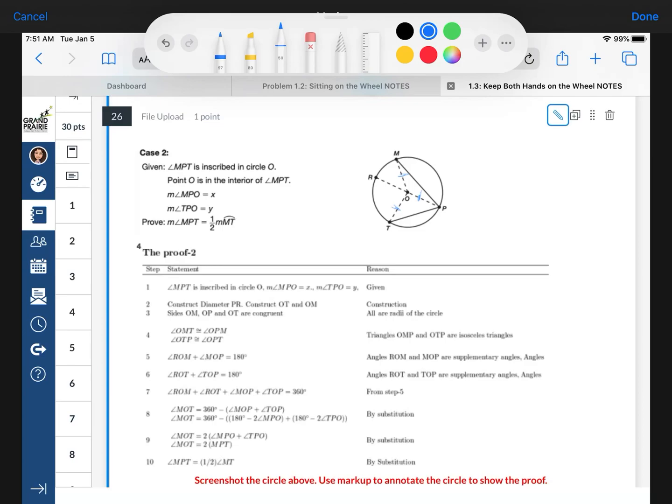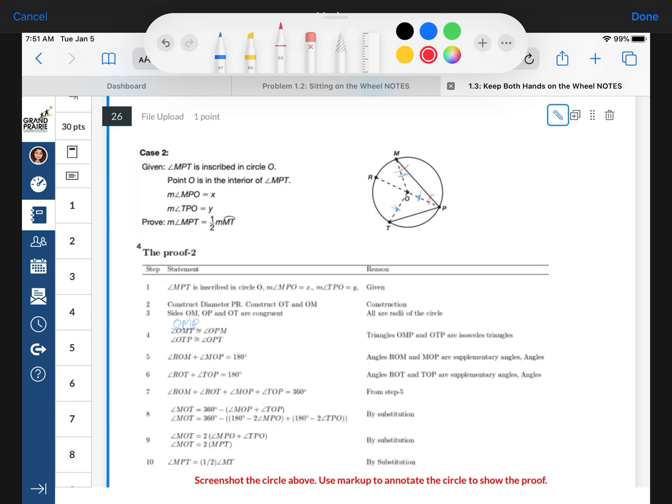Next, they say that OPM, this is a typo here, it should be OMP, sorry, OMP. So angle OMP is congruent to OPT, and we can annotate that with little angle symbols.